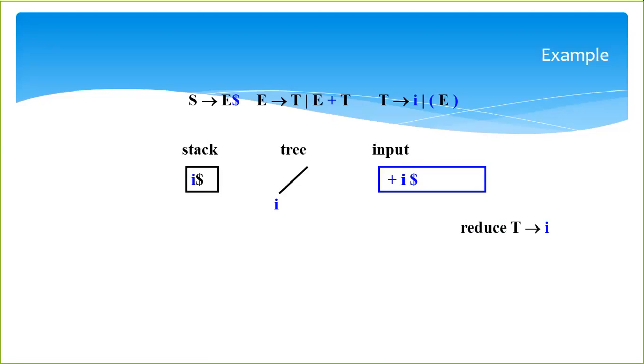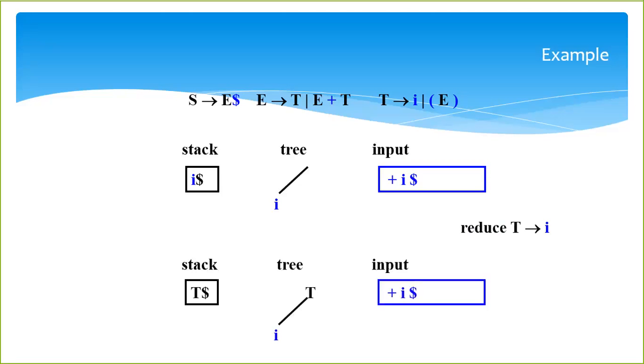So we have performed the shift. Now what exactly are we doing? You start performing the reduce operation, and this is how we have done it. We are replacing I with T, as we have a production rule called T reducing I. So this is basically called the reduce operation associated with the particular parser.